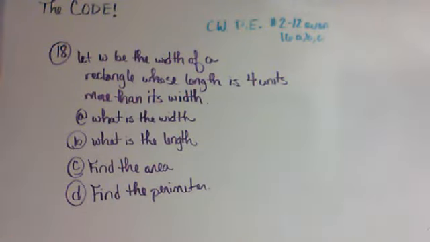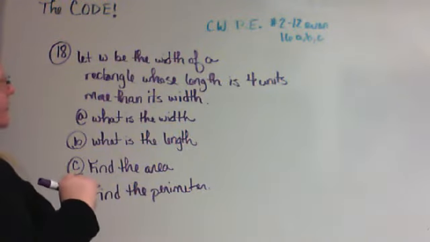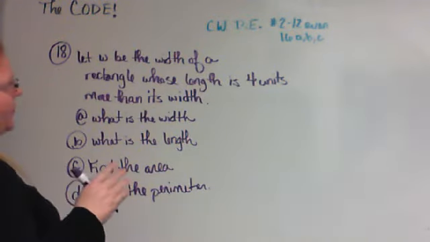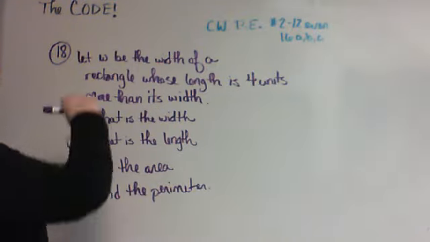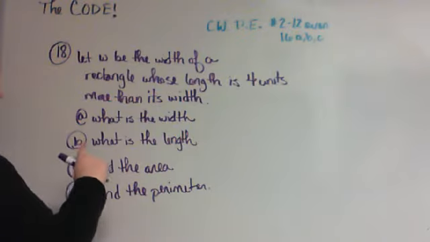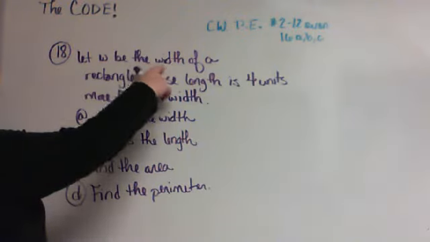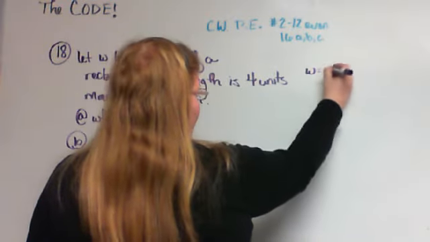Real problem. It says, let W be the width of a rectangle whose length is 4 units more than its width. That let W part, since W is going to be the width, that means my W has to equal my width.